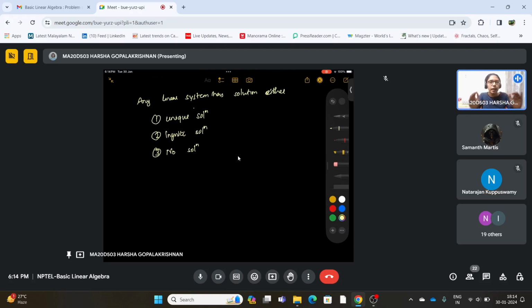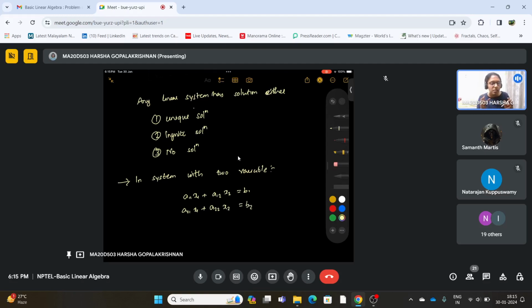Now, when we consider systems in two variables, we have a11 x1 plus a12 x2 equal to b1, and a21 x1 plus a22 x2 equal to b2.